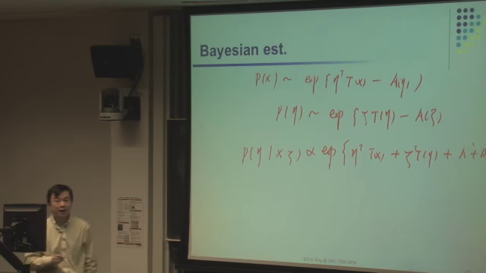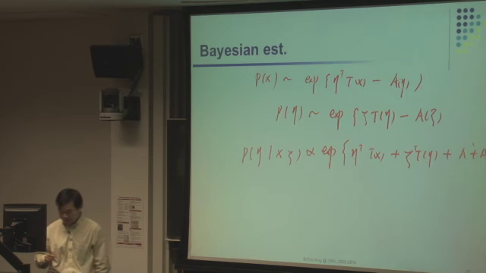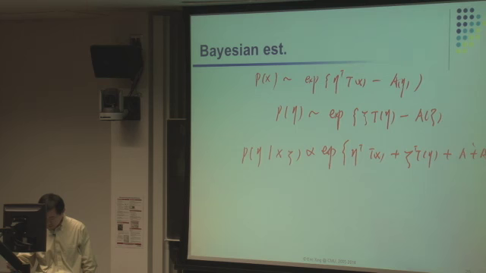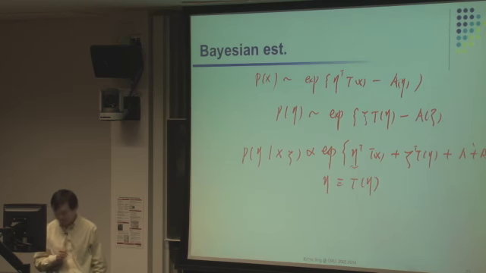Now, I make an interesting assumption: what about making the eta in here equal to the sufficient statistic of eta? What if this happens?